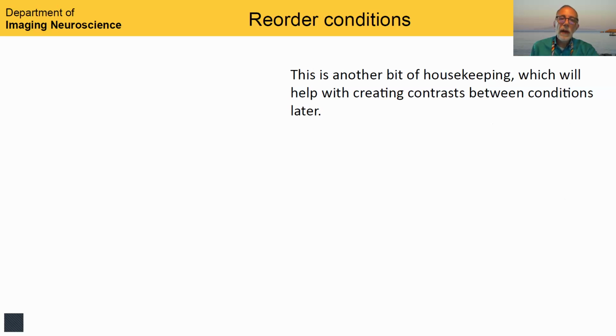Okay, so now we're going to do another bit of housekeeping. And this is useful for future statistical ease of writing, so that we can specify things more easily in SPM.